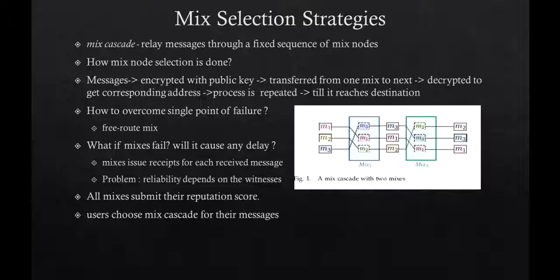To overcome this, another model has been proposed in which the mixed nodes of a cascade act as a witness of their own cascade. All the mixers submit their reputation score. A pool of mix is created from the top score and this pool is rearranged for randomness, and from this the users are allowed to choose the mix cascade for their messages.